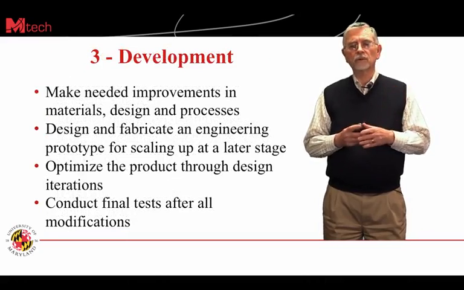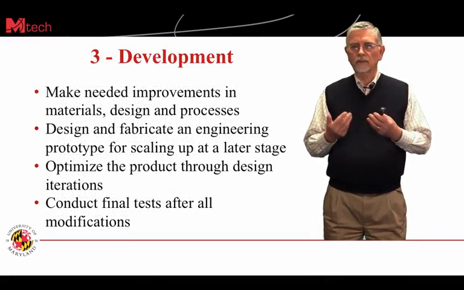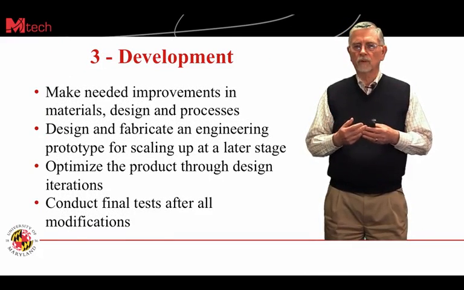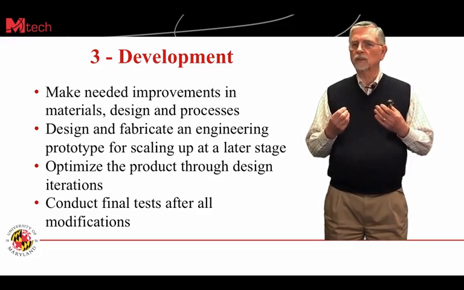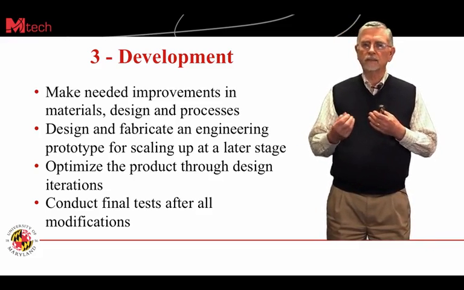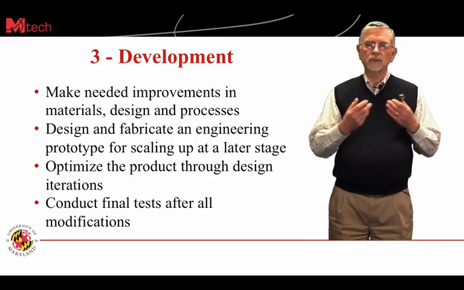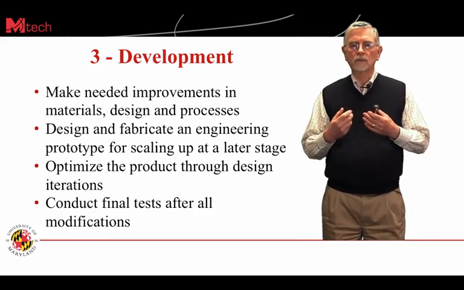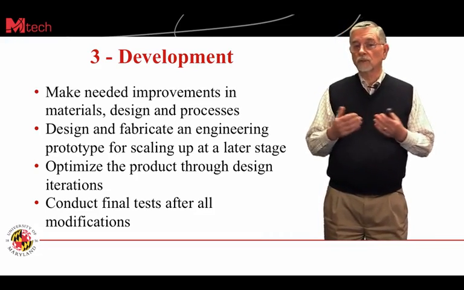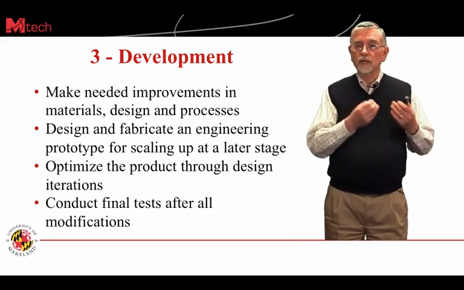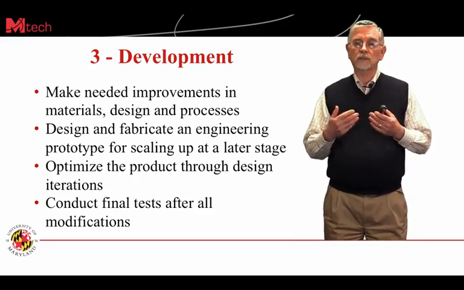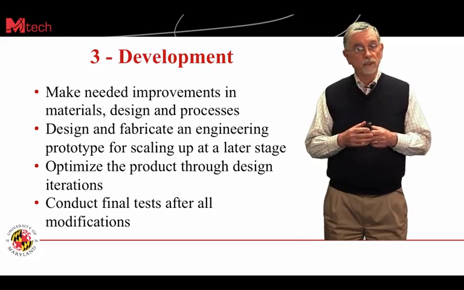So we move from there to development. And in this step, we're looking at ways that you can improve the design, the operational process, the materials of the product. You fabricate an engineering prototype so that you can scale that up at a later stage and you can actually see how it looks physically.